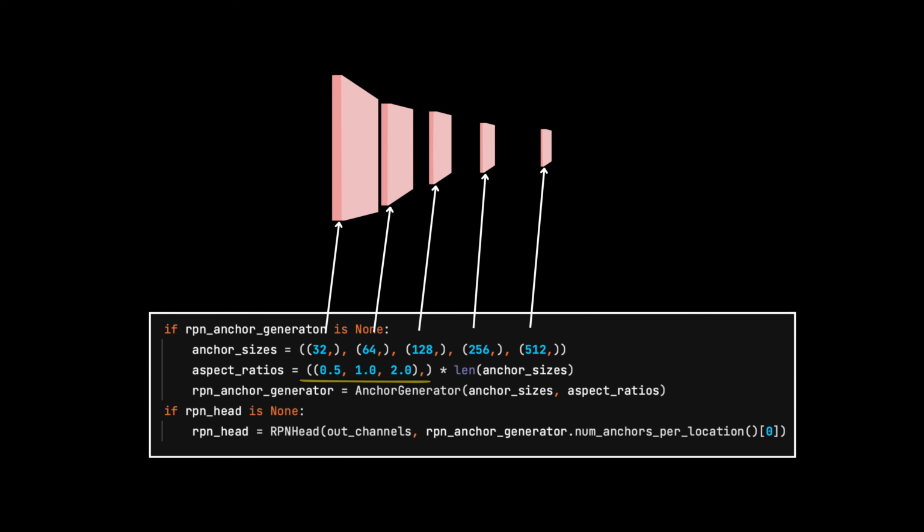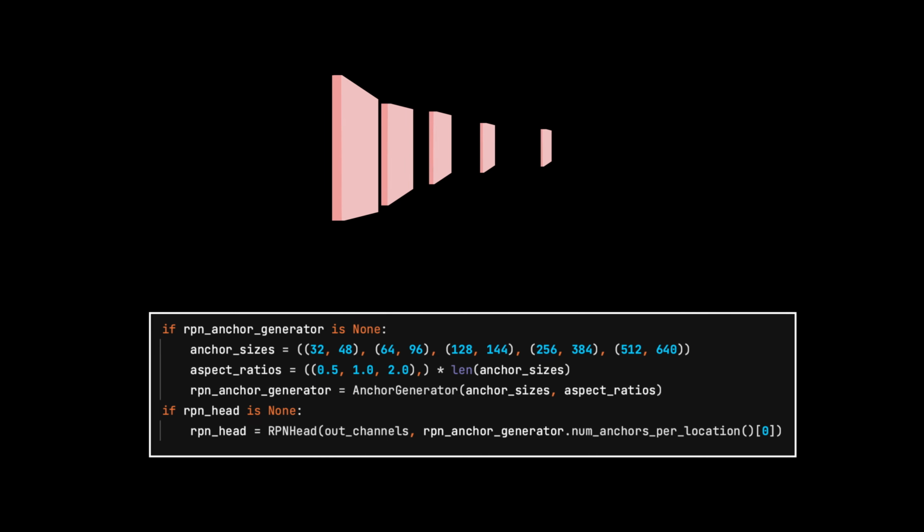And just for clarity, say if instead this is how we had initialized, then this would mean that the first feature map is going to make predictions for anchor boxes of scale 32 and 48, second for 64 and 96, and so on. So each cell will now have predictions for 6 anchor boxes, 2 different scales, and each scale having 3 different aspect ratios.